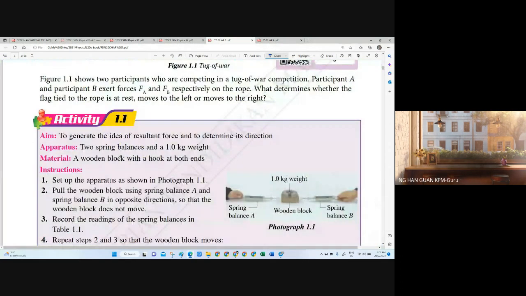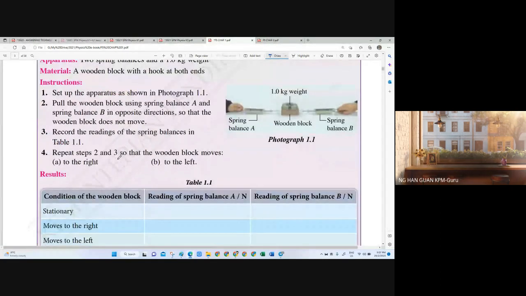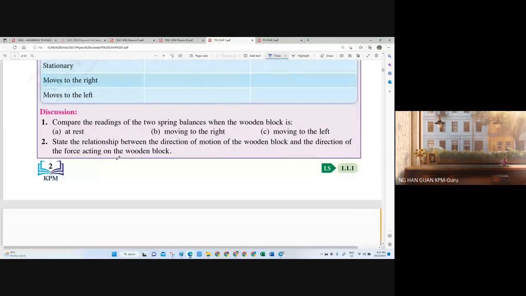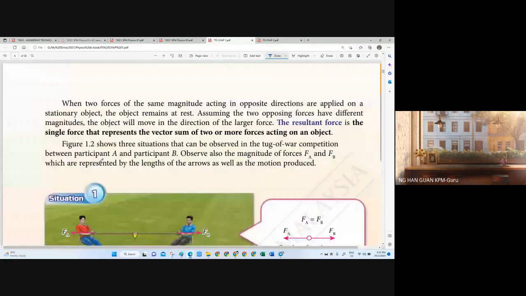We already know this from Form 4 Chapter 2, which is Newton's second law: F equal to ma, and force is a vector quantity, so it has direction. Form 5 is going to focus on solving forces acting in different directions with different methods.